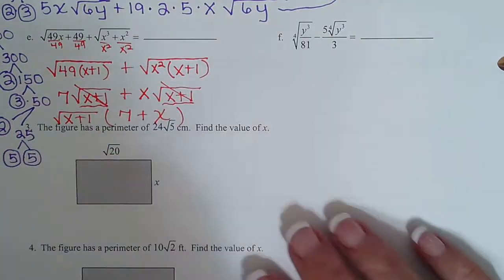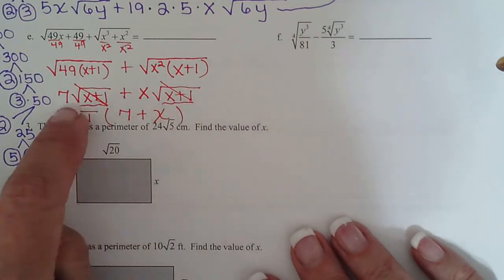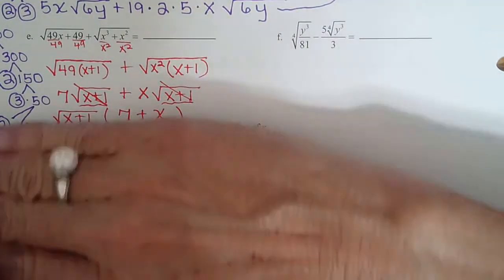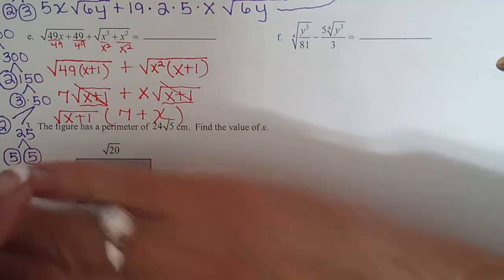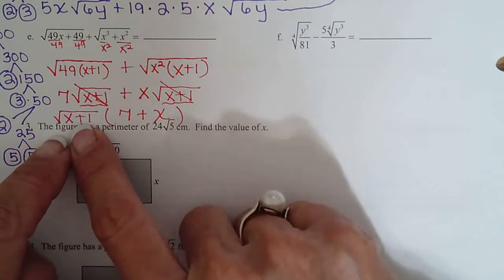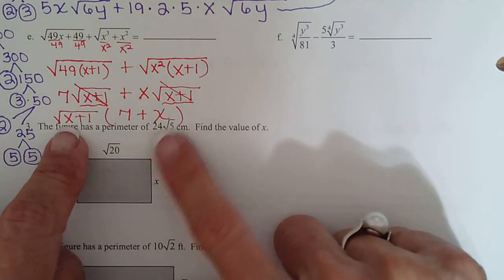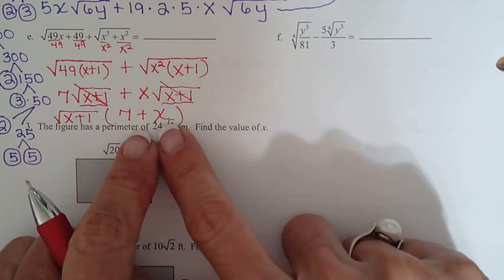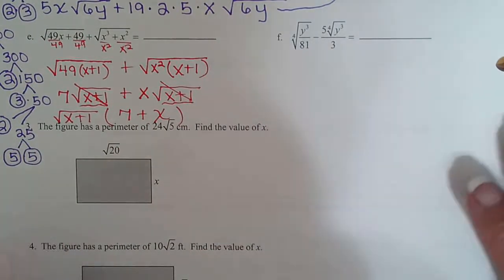So that would be my answer. You could really leave it like this. This would be fine. But like I said, I notice that Alex does this. They take the common factor out, another GCF, and then say, okay, it's gone from there, so what's left? 7 plus x. So I would accept either one of those on the test.